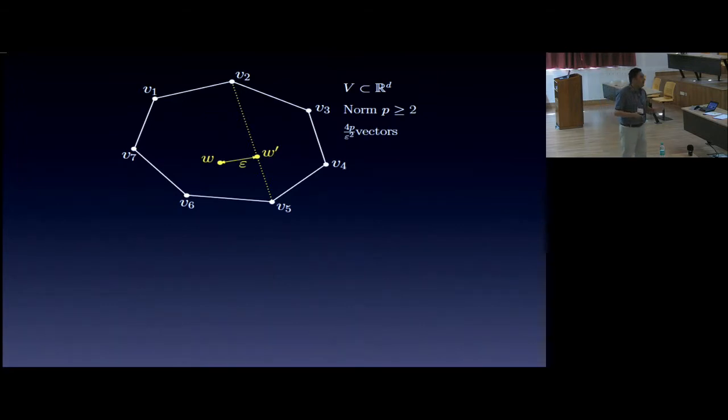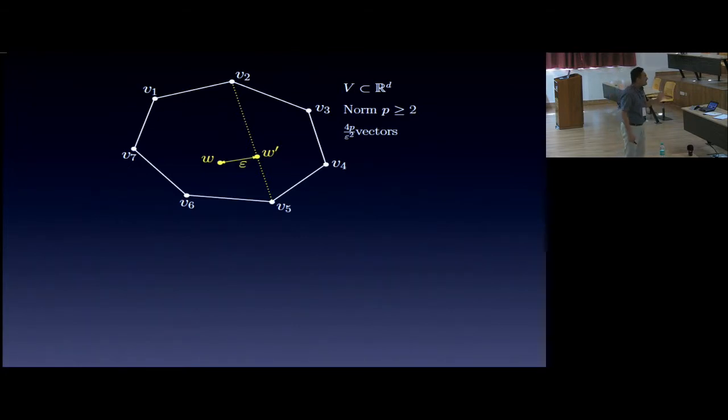There's some scaling going on, and I'll explicitly mention it in the next slide, but just to emphasize the point: w might require d plus 1 vi's to be expressed as a convex combination, but no matter where w is, there always exists an epsilon-close vector w prime, epsilon-close in your norm of choice, such that this nearby vector can be expressed as a convex combination of these many vi's, 4p over epsilon square. What's notable about this result, what's striking here, is that it's dimension free. The ambient dimension d does not make an appearance here.